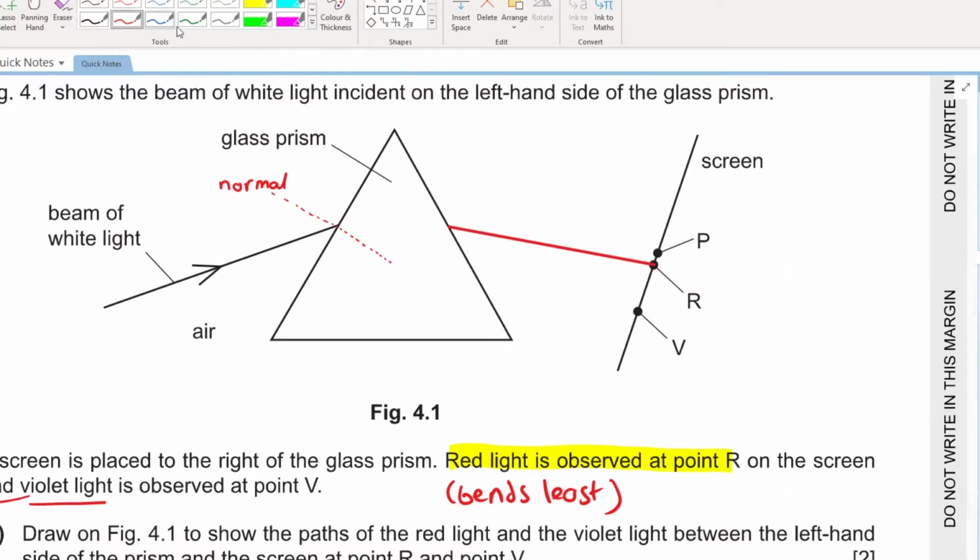And the violet color, let me find a perfect match for violet. Let's use this. The violet will be coming like this. Yeah, somewhat like this. Let's make the red light bend a little less.